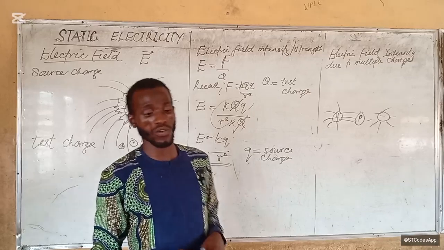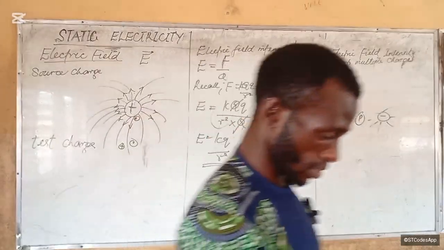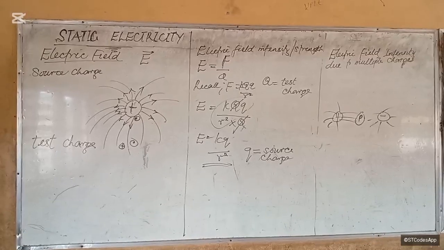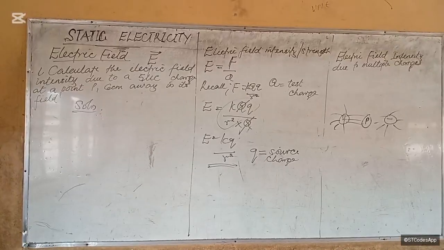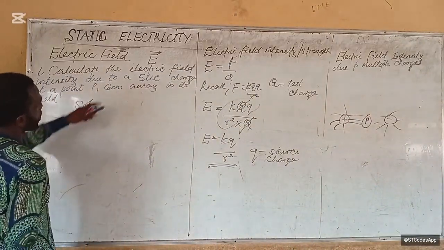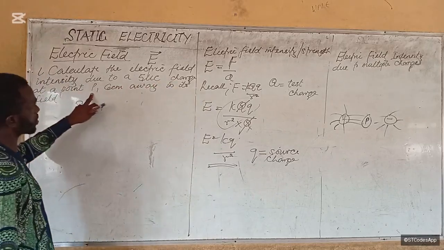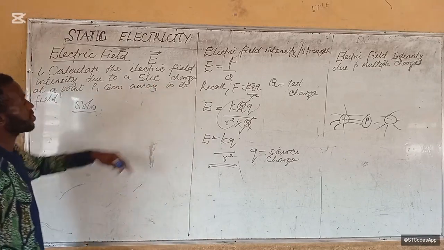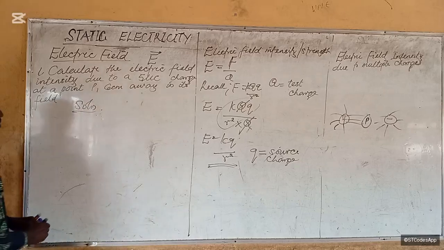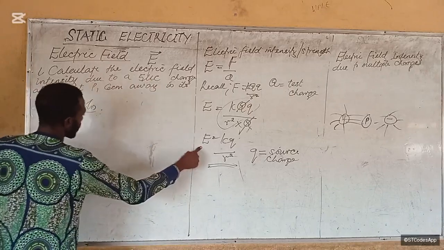let's solve a question involving electric field intensity. Let me pause. So this question says, we should calculate the electric field intensity due to a 5 microcoulomb charge at a point P, 6 centimeters away in its field. So there is a point P. Once you see that you are talking about the source charge, remember, this is the formula you use.